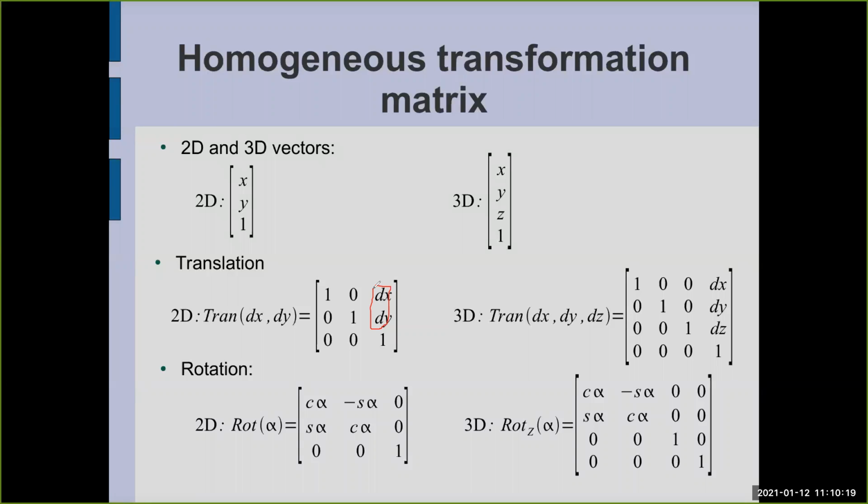So look, if I multiply it, so I take the translation times, let's say, the vector x, y, 1, I get something like this: x times 1, 0 times y, plus dx, so x plus dx, y plus dy, and 1.